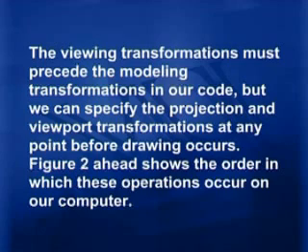Figure 2, which is coming up next, shows the order in which these operations occur on our computer. So what we need to note is that whenever we'll be writing programs, we have to make sure that our modeling is done after our viewing transformations have been specified. So the viewing transformations should come first, and thereafter we should specify our modeling transformations.